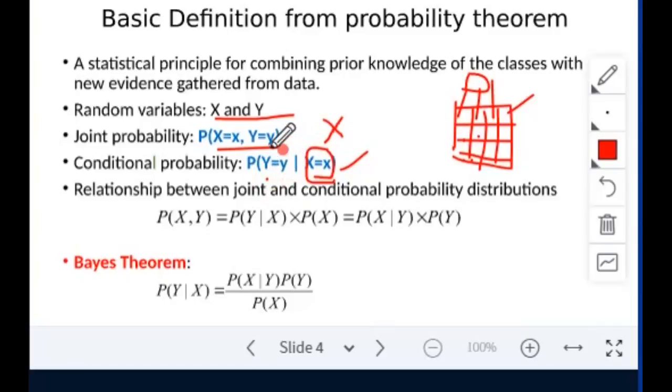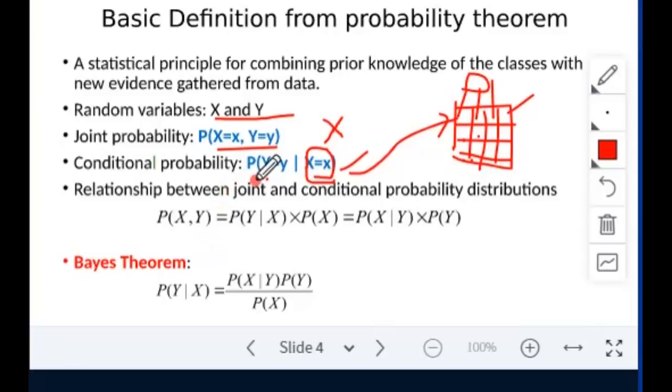This will be a class variable. Y will be representing the class variable, where x will be representing the attribute. Hope you are understanding. So next, what is the relationship between these?